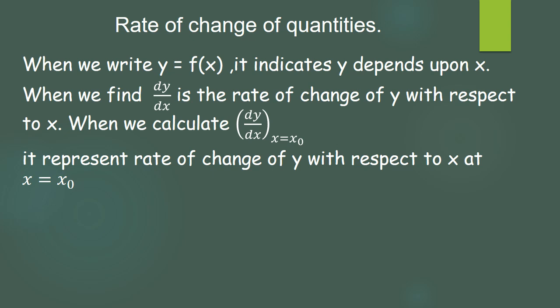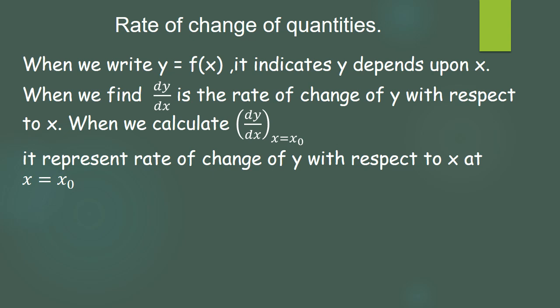And at what rate it is changing with respect to x is called the rate of change of y with respect to x, and that is calculated by dy by dx. Now you know the notation, dy by dx is nothing but the derivative of y with respect to x.